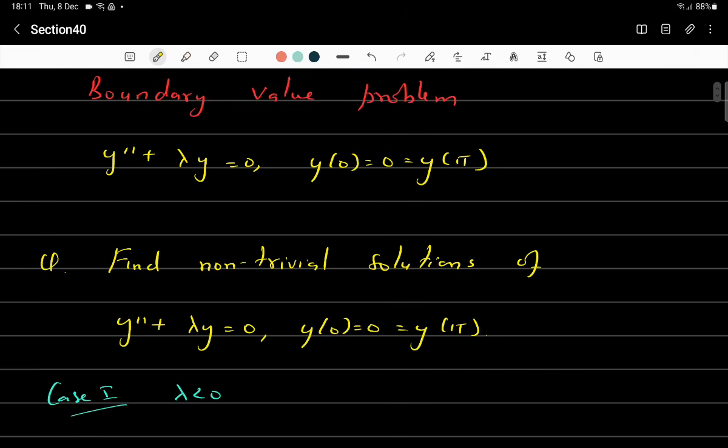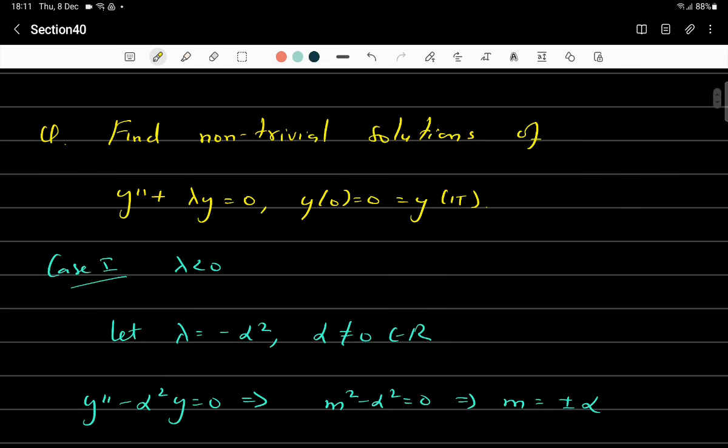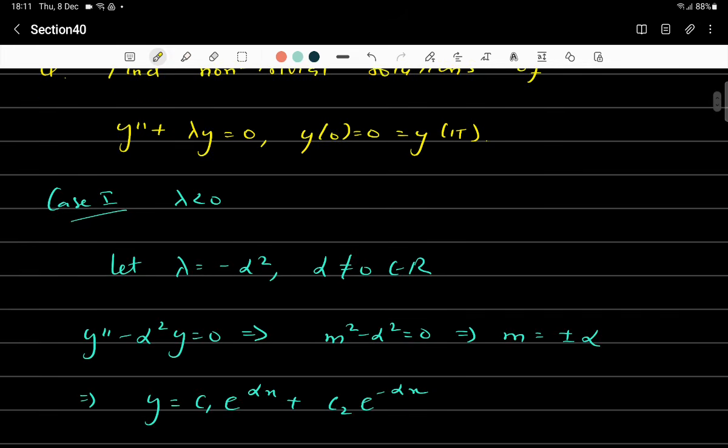So let's consider lambda less than 0. For lambda less than 0, if I take lambda equal to minus alpha square because it's negative, then the auxiliary equation gives me m equal to plus minus alpha, which means the general solution is c1 e raised to alpha x plus c2 e raised to the power minus alpha x.